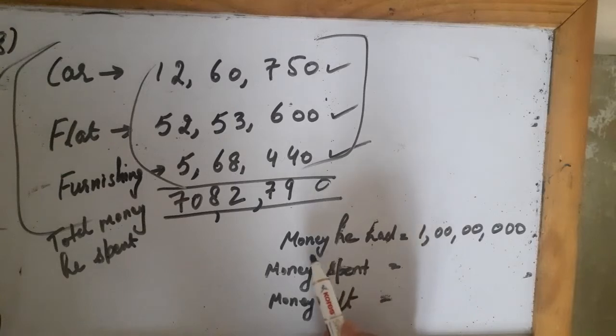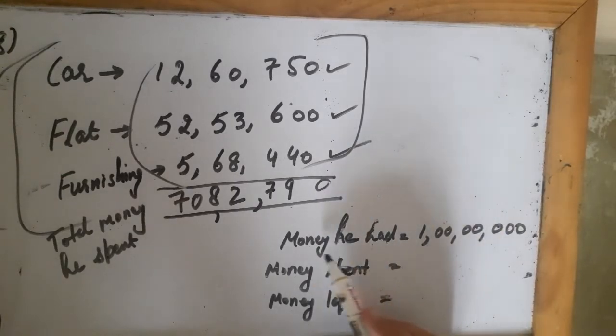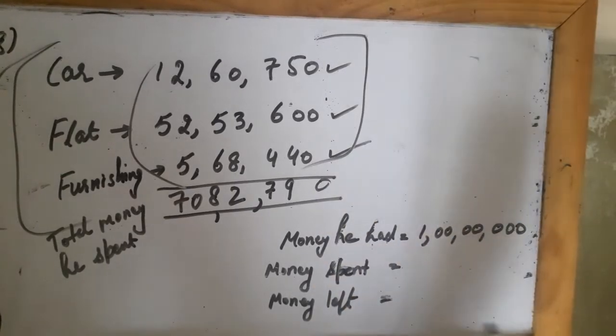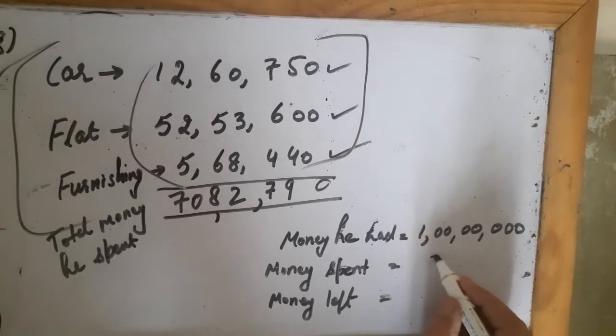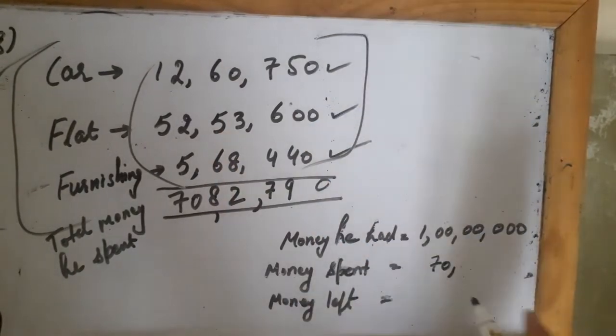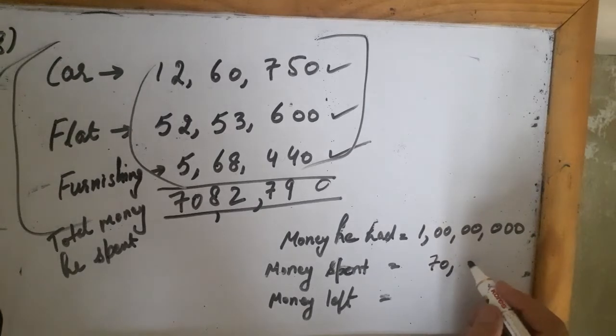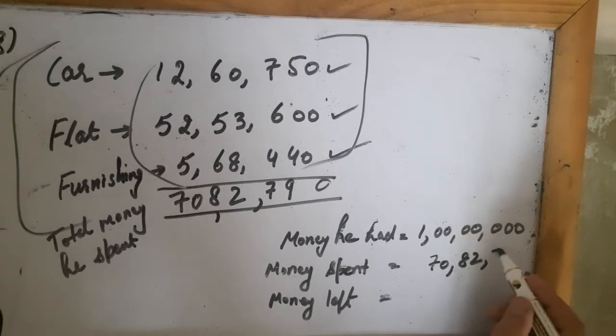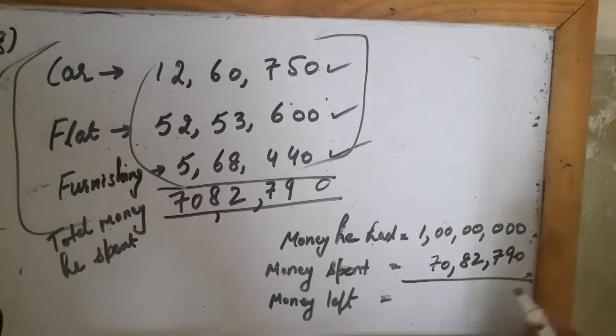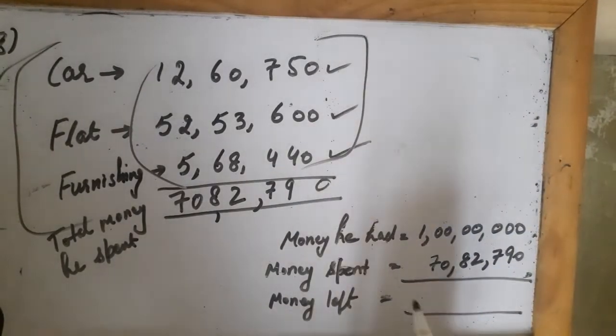So initially the man had how much money? He had 1 crore. And how much has he spent on these three items? He has spent around 70 lakhs 82,1,790, and they are asking you how much is left with him.